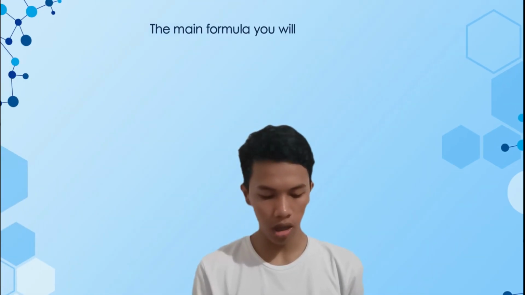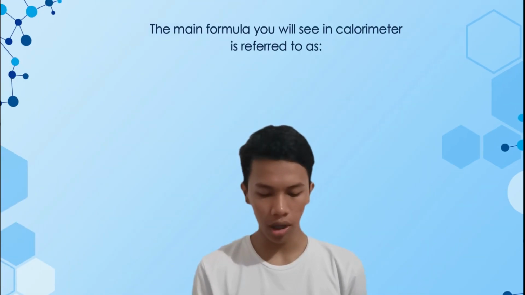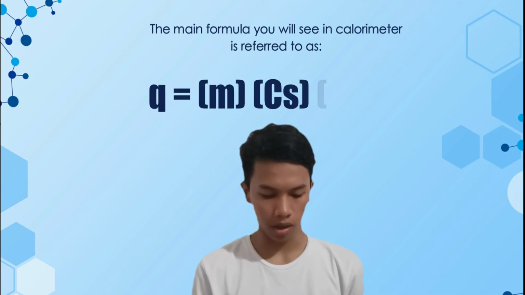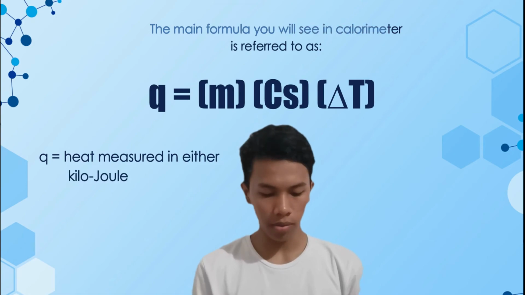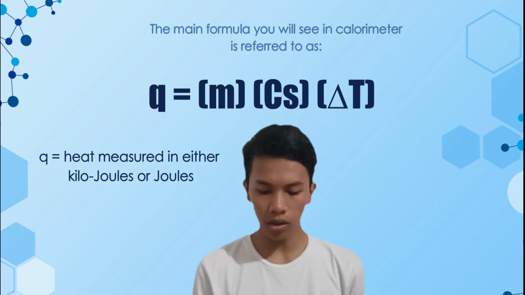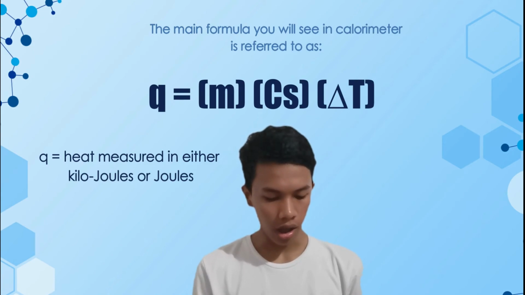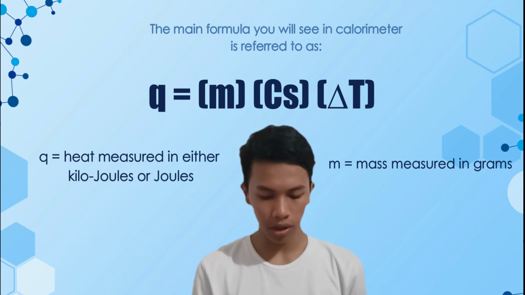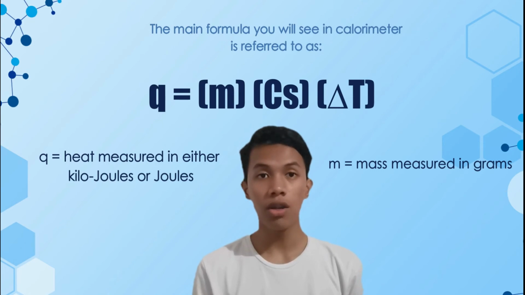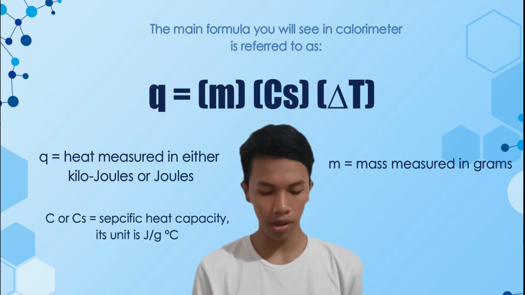The main formula you will see in calorimetry is referred to as Q equals mCΔT, where Q is heat measured in either kilojoules or joules. M is the mass measured in grams. C or Cs is the specific heat capacity.